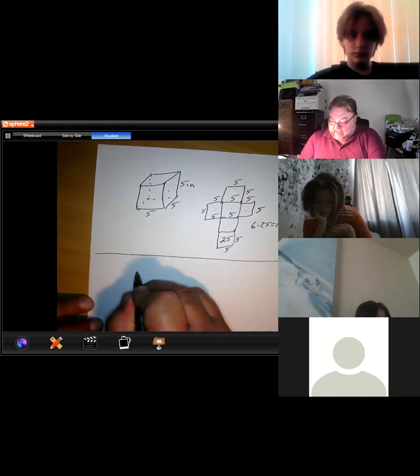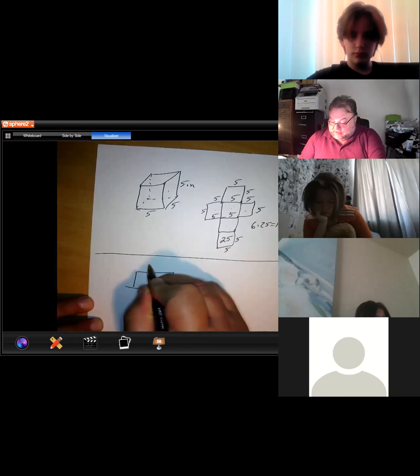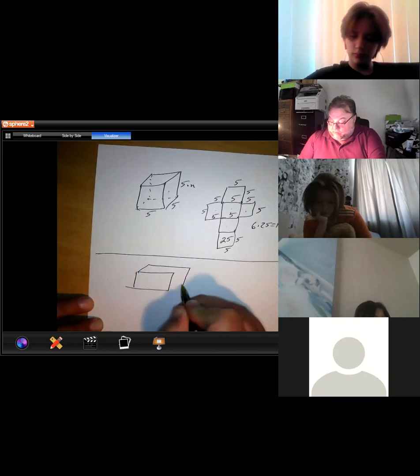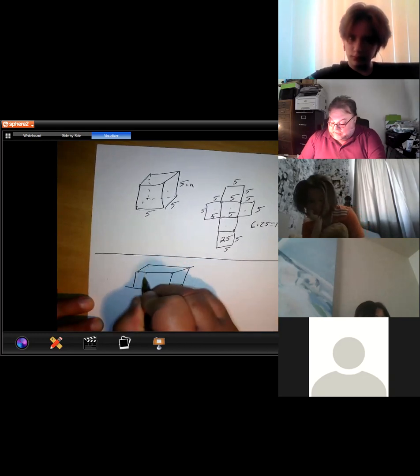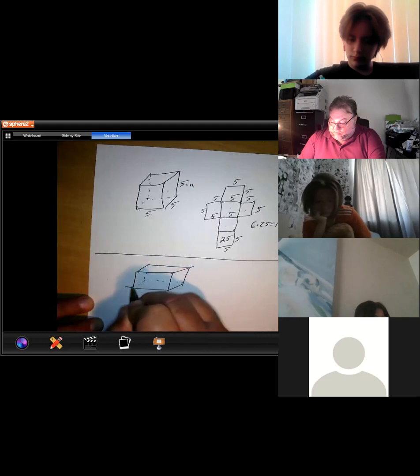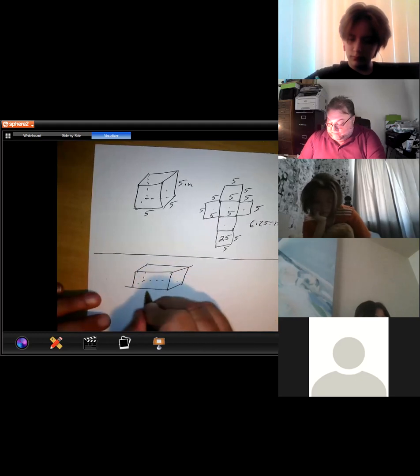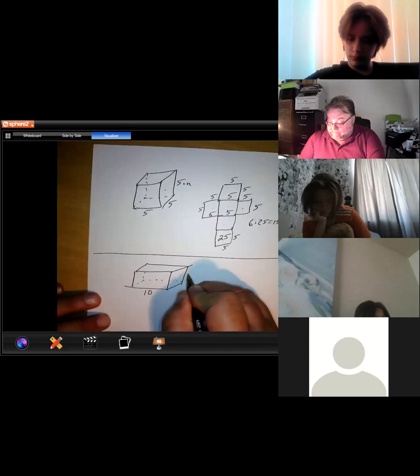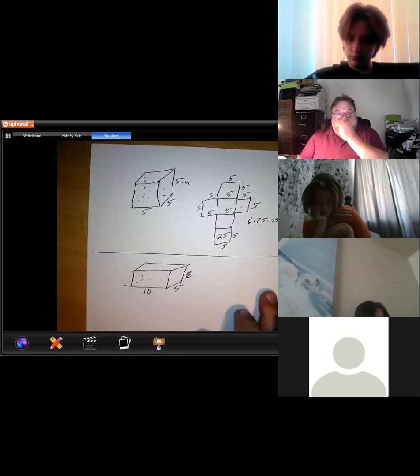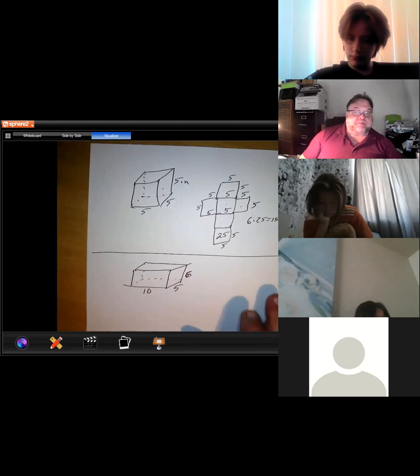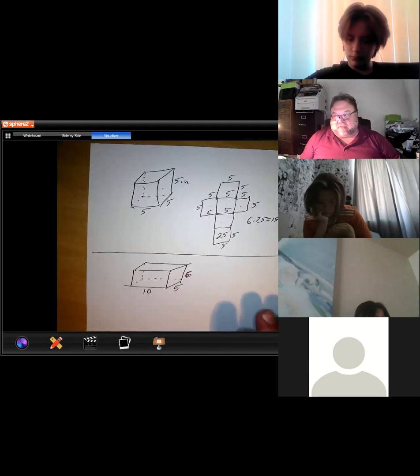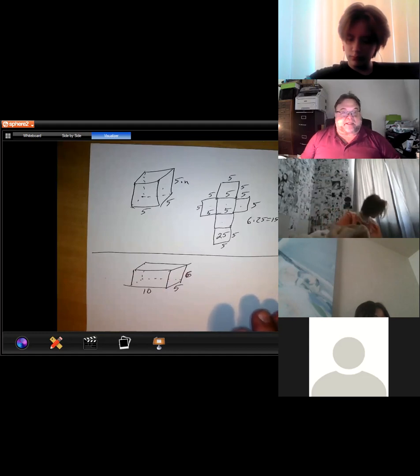Now, life gets kind of interesting when you start working with a rectangular form. So if I have an object that looks like this, I'm going to have to put out a little bit of effort to understand how big each face of this object is, right?